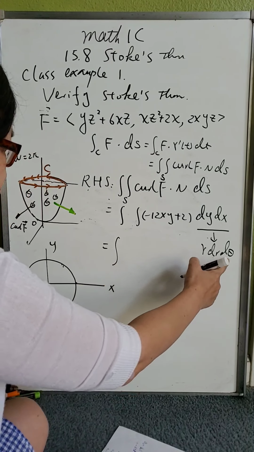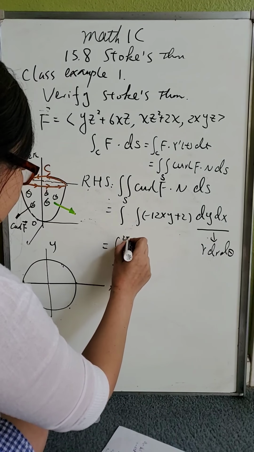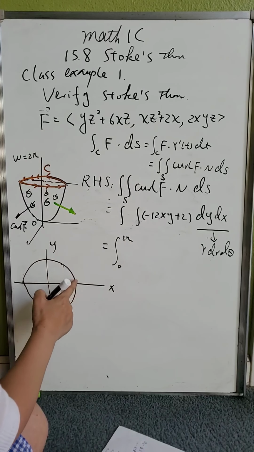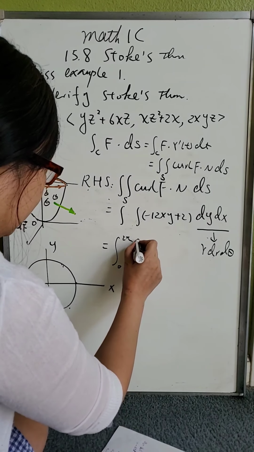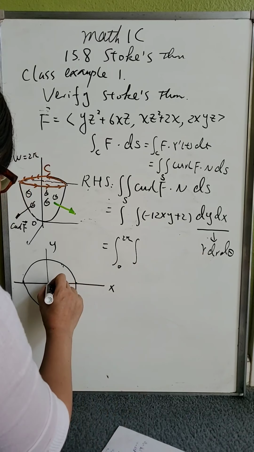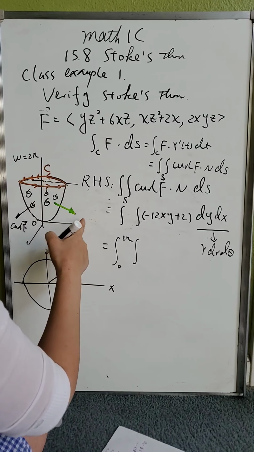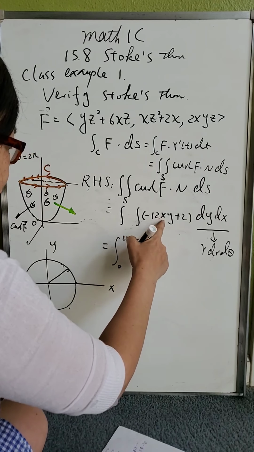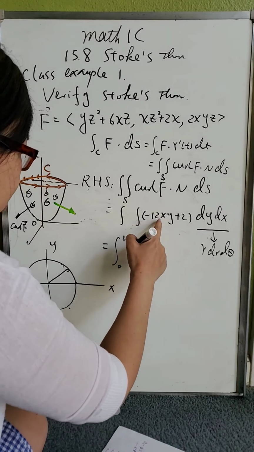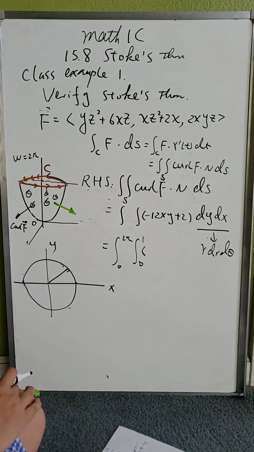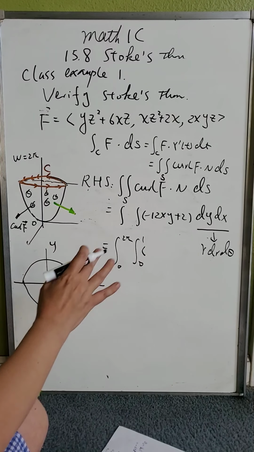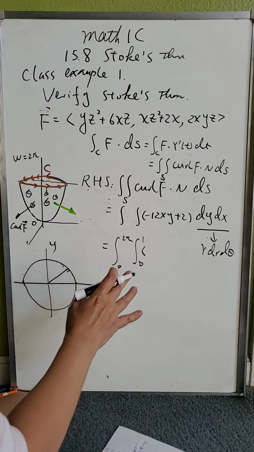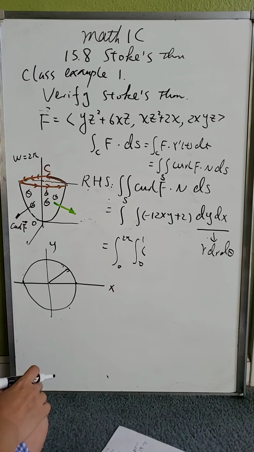So that means your theta goes from 0 to 2 pi because you're going all the way around the circle. And then your r goes from 0 to 1 because that's x squared plus y squared equals 1. And then convert your x, like when we parameterized the function in the very beginning.